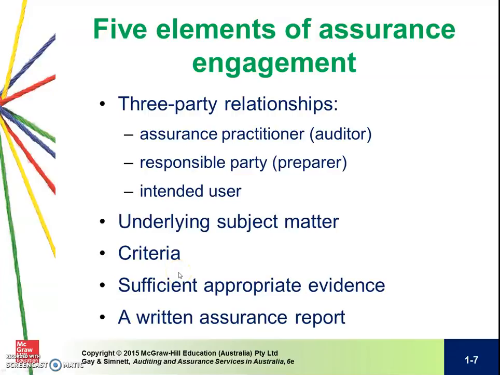In Australia, we adopted the International Financial Reporting Standards, IFRS, so the criteria is the IFRS. For sufficient appropriate evidence to provide assurance, the auditor needs to obtain the evidence, so the testing results must give them sufficient appropriate evidence. And a written assurance report is the audit report, the audit opinion itself.